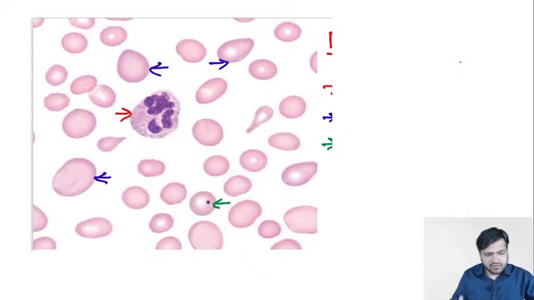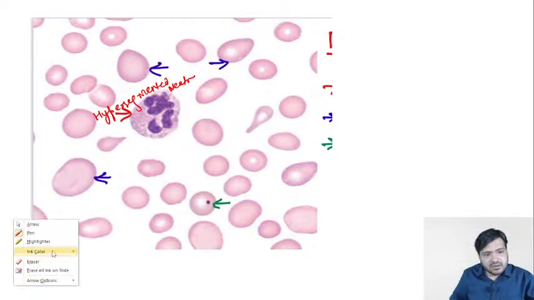So over here also you can just see that we have the hypersegmented neutrophil. Apart from that, guys, you can see the macro-ovalocytes which I have marked in blue color.